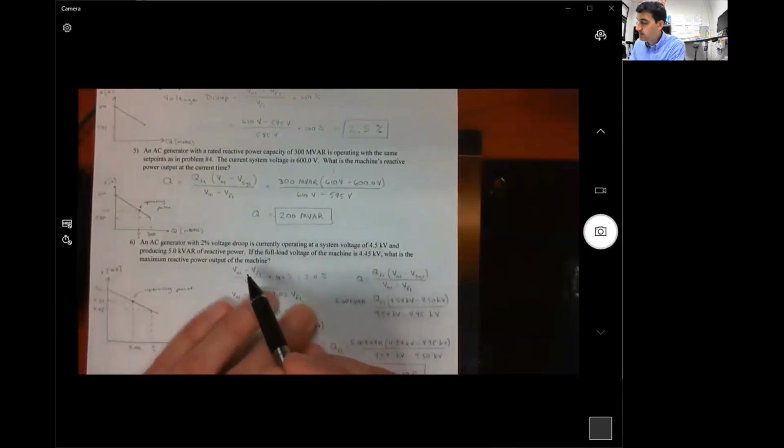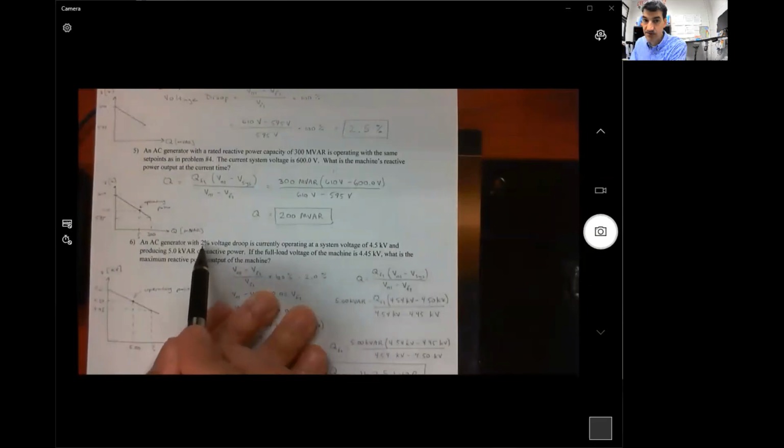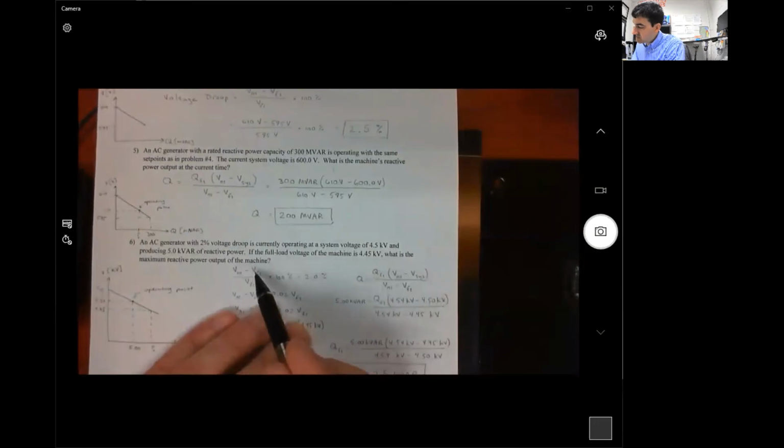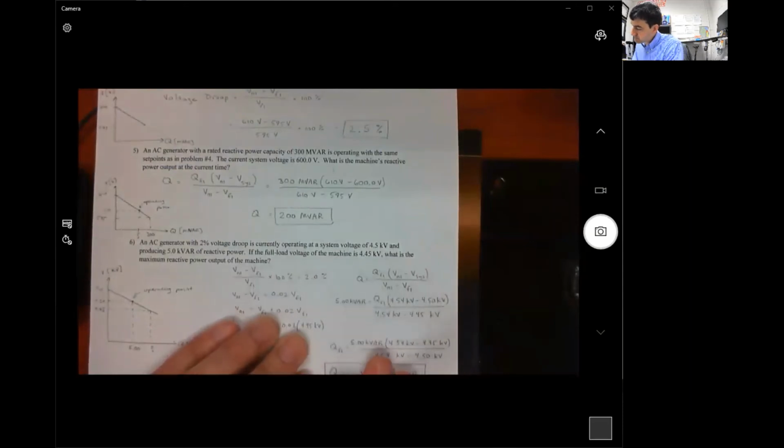And I set my droop equation equal to 2%. So no load voltage minus full load voltage, divided by full load voltage, times 100% equals 2%. That's from right here that was given. Then I'm going to divide both sides by 100% and multiply both sides by the full load voltage. So I get no load voltage minus full load voltage equals 0.02 times the full load voltage.